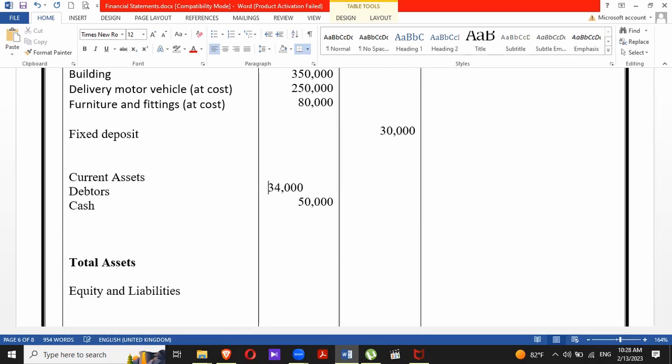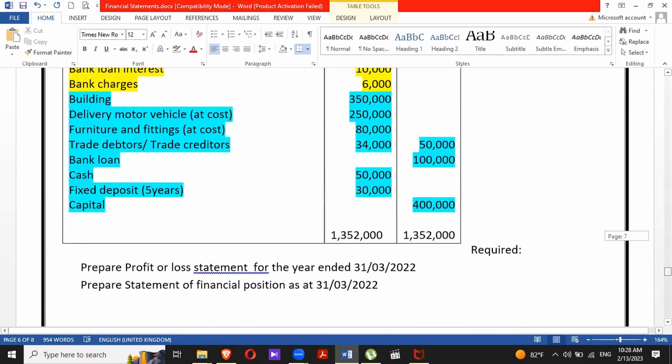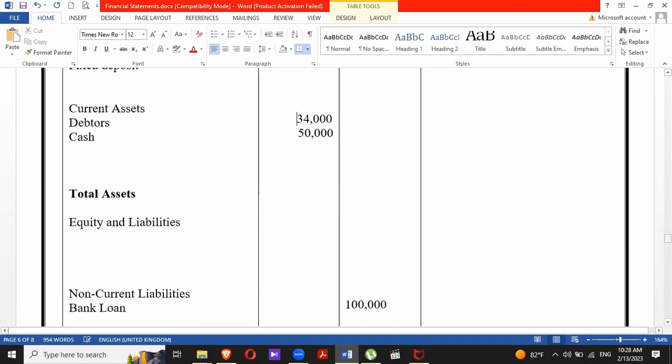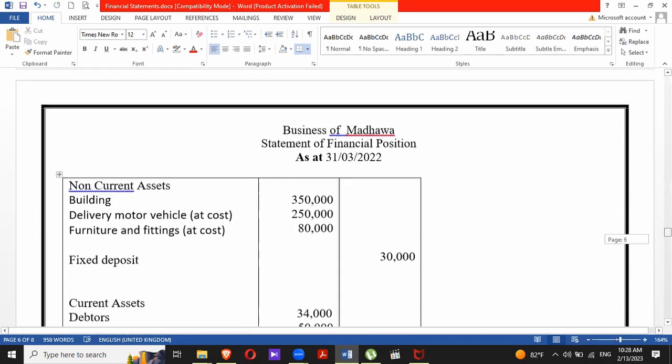So here, again, only one thing we have to record, that is opening capital balance, right? We'll see what is the value given for the capital. Capital 400,000. Here I told you when you record the capital balance, capital as at date should be mentioned. 1st April 2021. That is the first date of this financial year, because this financial year ends on 31st March 2022.